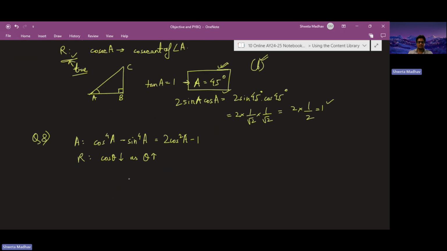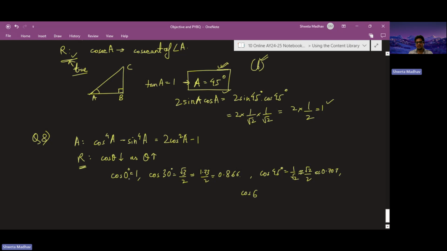So the reason is obviously true, since we know that cos 0 degree is 1, cos 30 degree is root 3 by 2, which is approximately 0.866. And then cos 45 degree is 1 by root 2, which is root 2 by 2, that is 1.414 by 2, approximately 0.707.